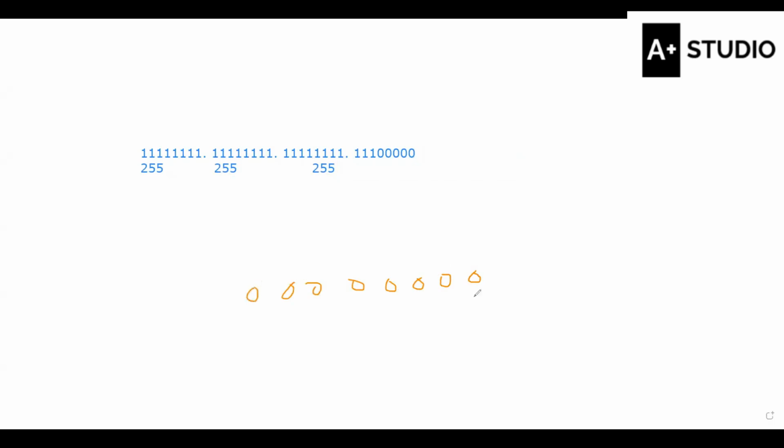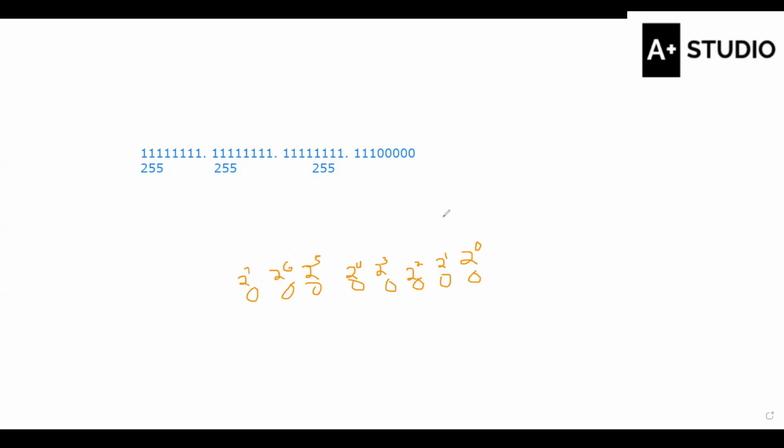Always in binary or in bits, we know that this is 2 to the power 0, 2 to the power 1, 2 to the power 2, and then 2 to the power 3, 4 right here, 5 right here, 6 right here, and then 7 right here.